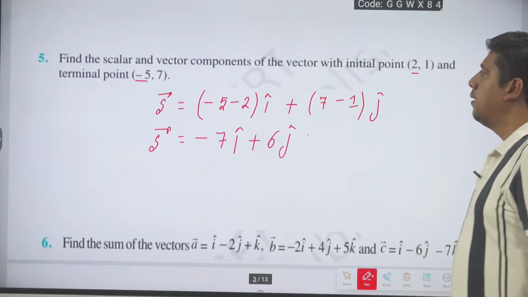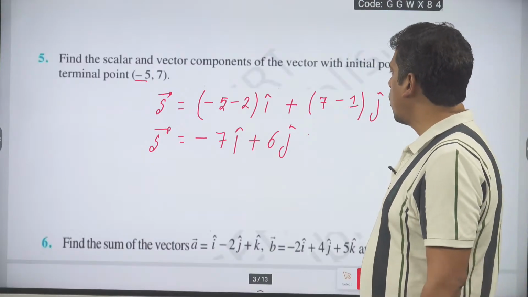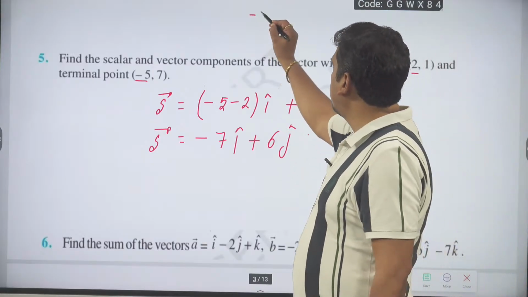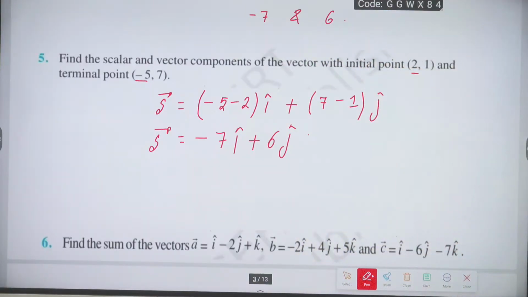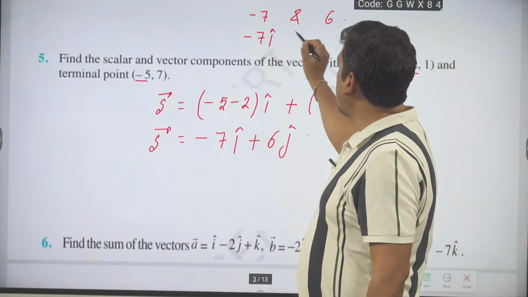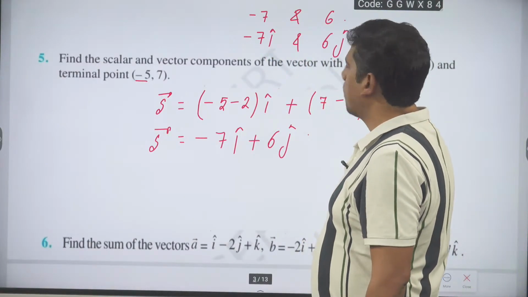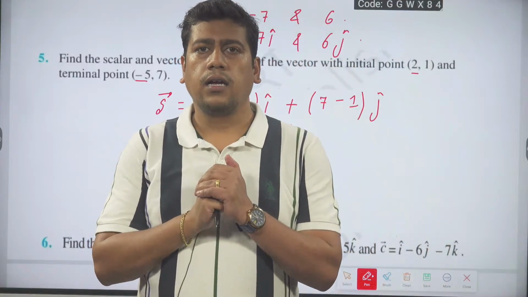But if they are asking a scalar component, the scalar component will be -7 and 6. And vector component will be -7 i cap and 6 j cap. So what is the difference between a scalar component and vector component?